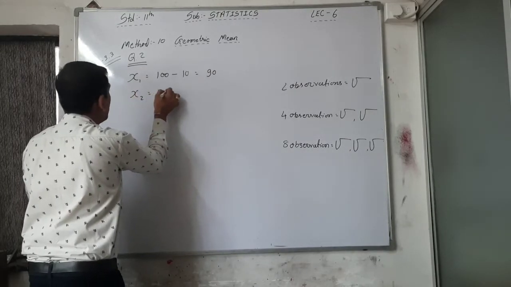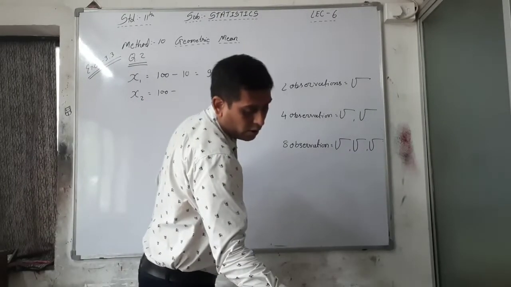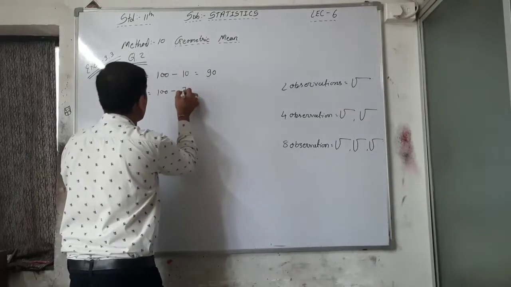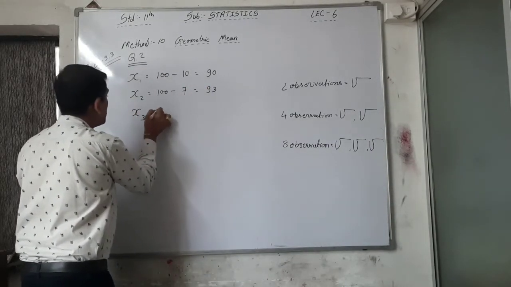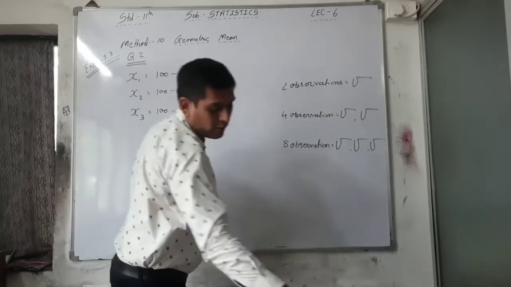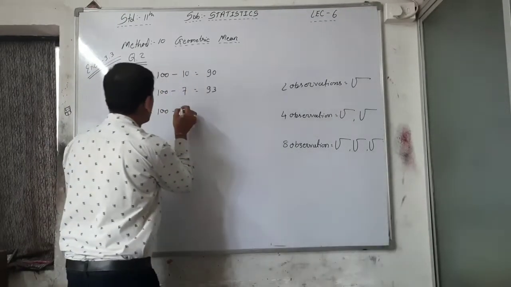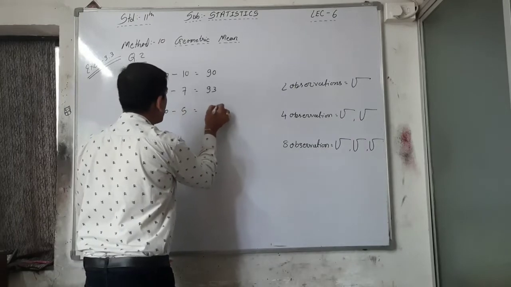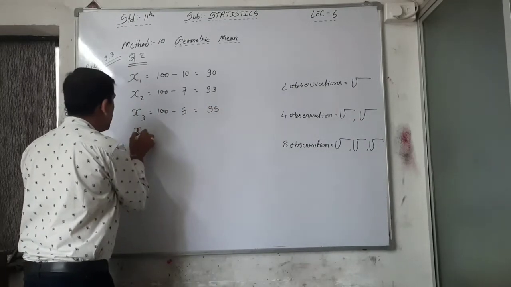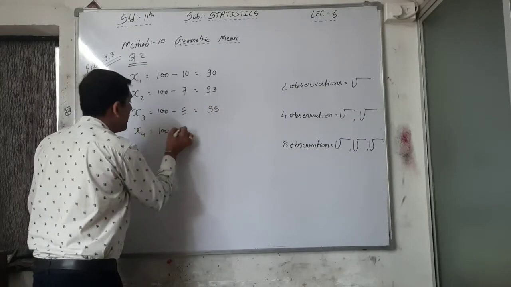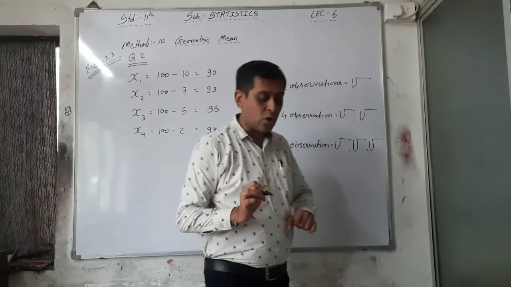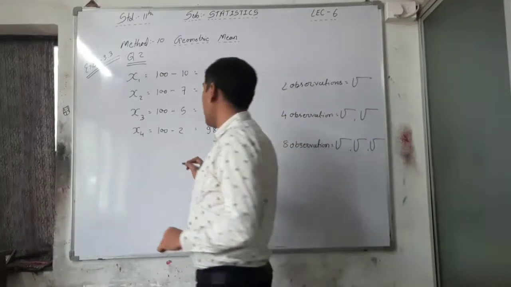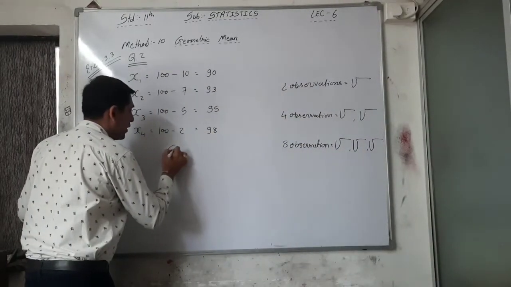X2 is 100 minus the observation 7%, that is 7, so here 93 is the second observation. X3 is equal to 100 minus the third one, 5%, that is 5, so your observation is 95, and X4 is equal to 100 minus 2%, that is 2, and your observation is 98. Then you have to find the geometric mean.